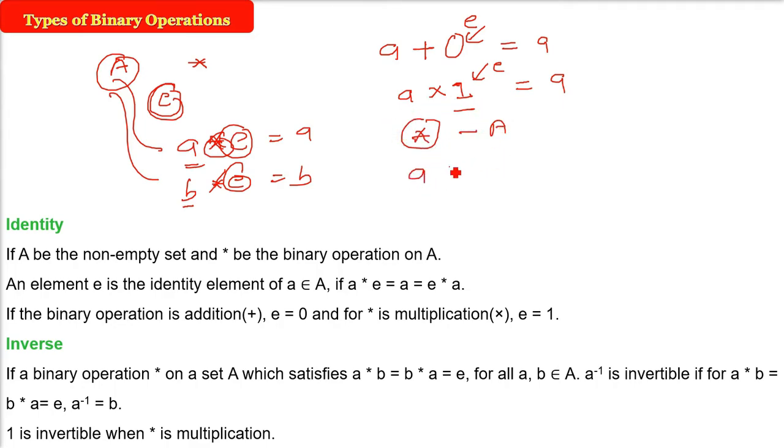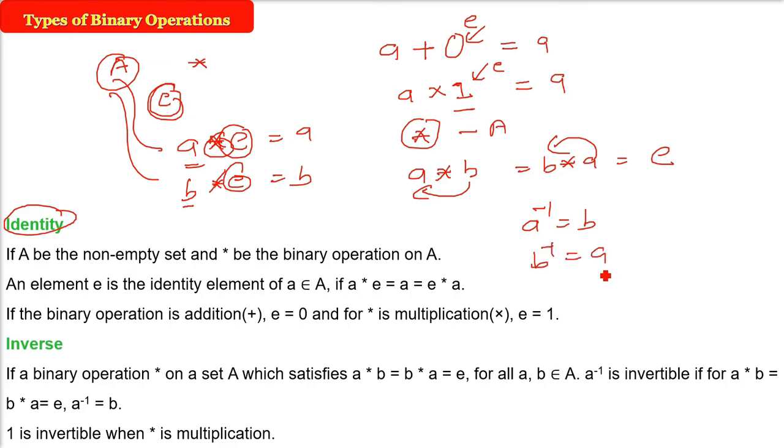A operation B, when you do it, and you do B operation A, you are getting the identity E. E you can represent by I, E, whichever symbol you want. So A star B, B star A, you are getting E. So B is the inverse of A and A is the inverse of B. That is, A inverse is B and B inverse is A.